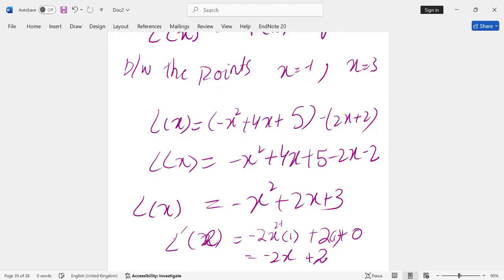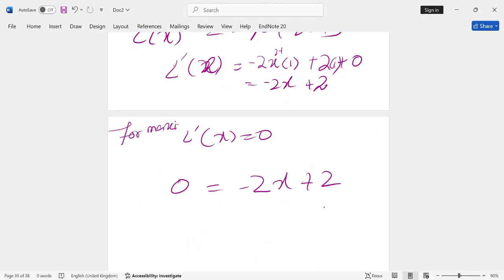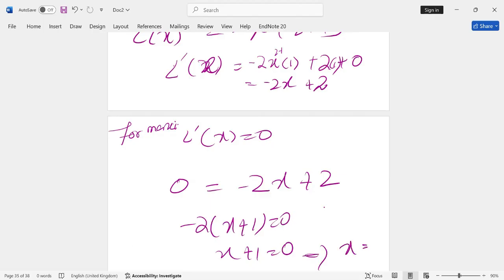All right. And for the maximum value, we put L prime of x equals 0. So we put 0 equals minus 2x plus 2, and we have x minus 1 equals 0, so x equals 1.